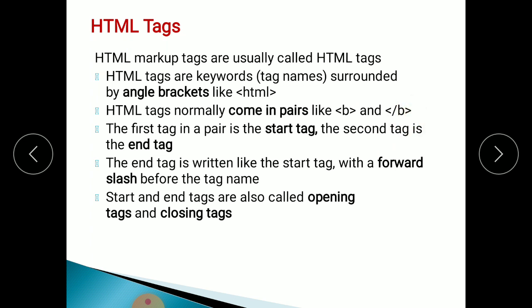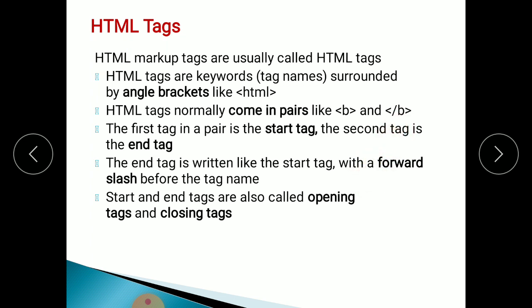The first tag in a pair is a starting tag, and the second tag is the ending tag. The end tag is written like the start tag with a / before the tag name. See here, if you want to close any tag, using this forward slash we close that tag, meaning the end of that tag.